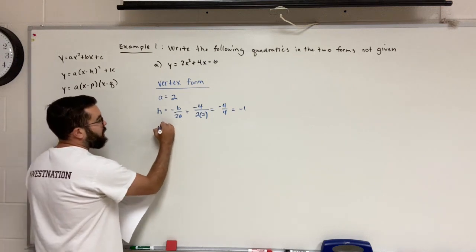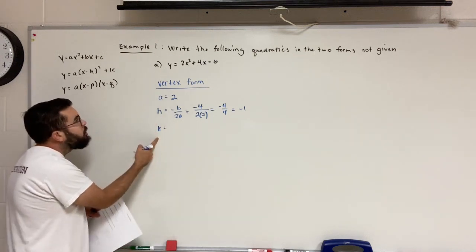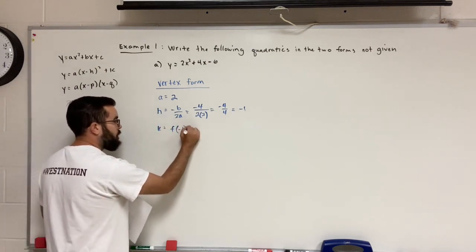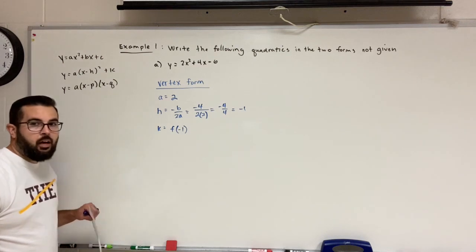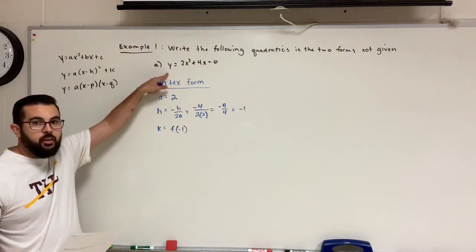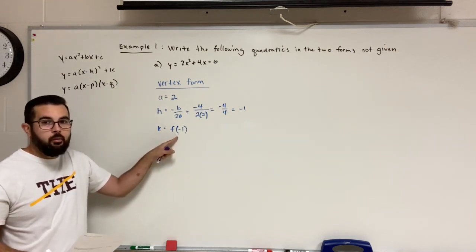Then we have to find k. To find k, that's the y value of the vertex, so that's going to be f of negative 1. Now I know my function's not written in function notation, but that's okay. I can still write this and understand what I'm doing.